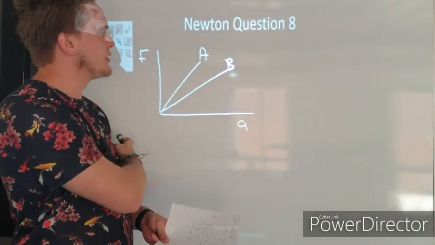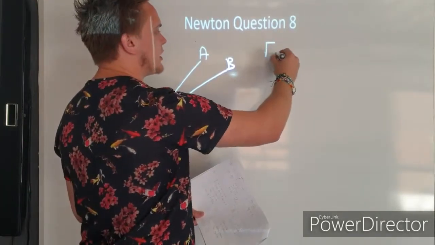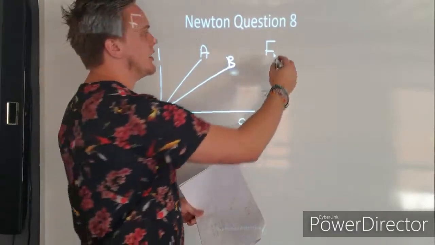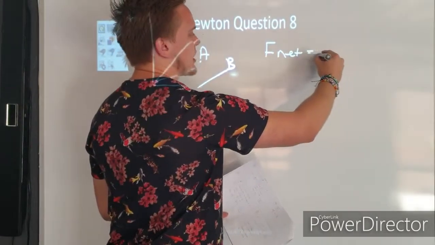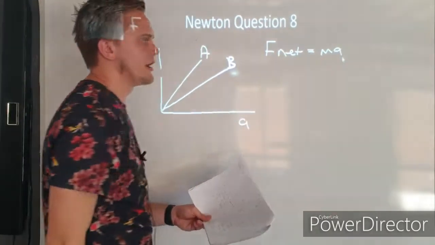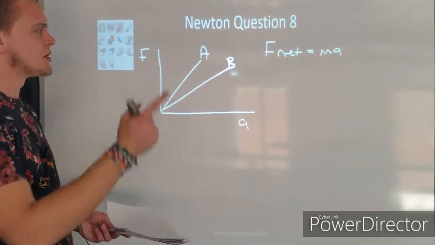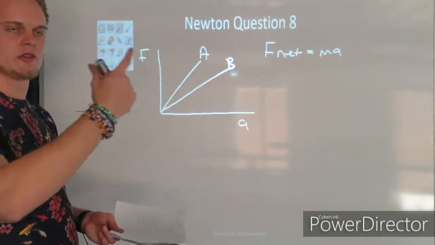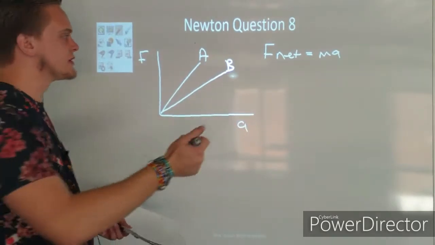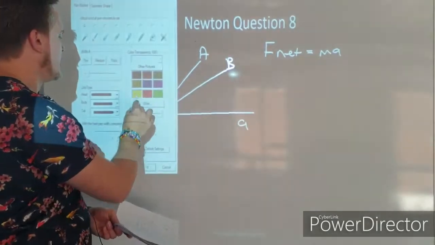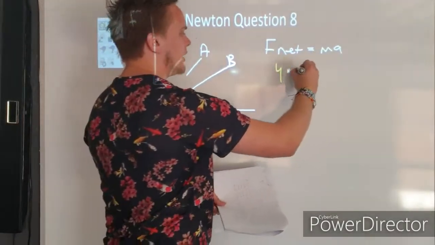So this is not a difficult one, so you don't need to think about a difficult formula. So we're just using Newton's second law, F net equals ma.